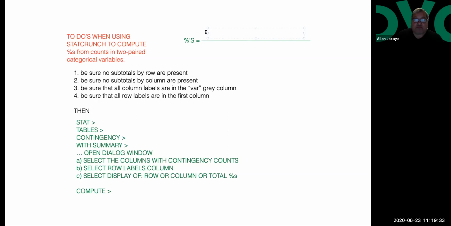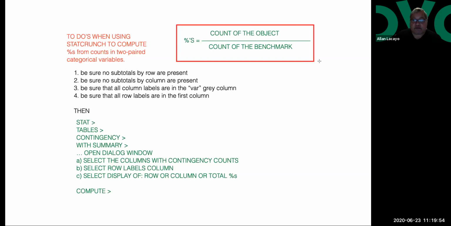The count in the numerator is referred to as the object of your percentage, and the count in your denominator is referred to as the count of the benchmark or reference point. And all percentages are always defined or described in this manner.